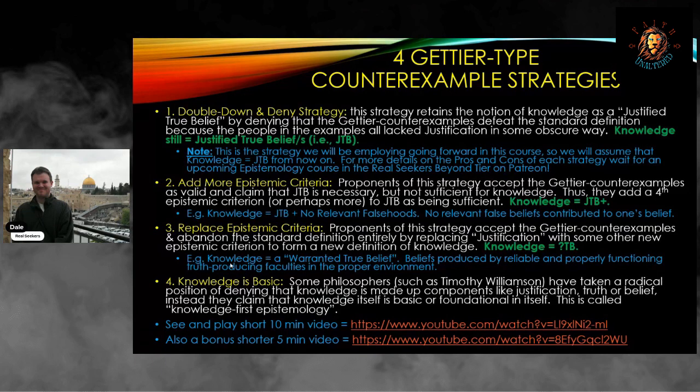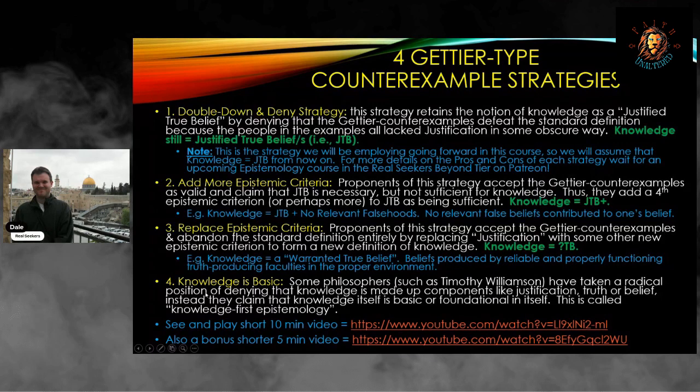Designed for what? To produce true beliefs. And they're in the proper environment. That's what warranted is. So that's my strategy, right? I would plug in for this question mark, I yank out the justification, and I would plug in warrant. Knowledge equals a warranted true belief.